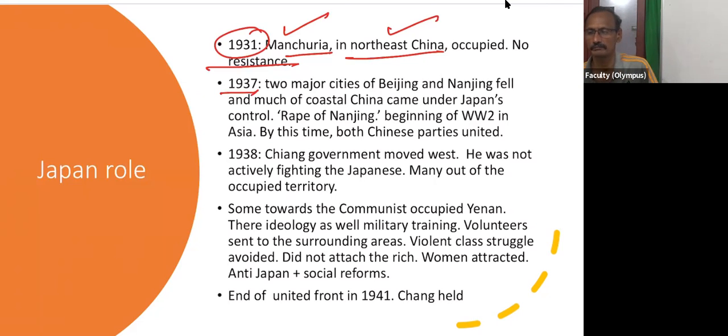But this time, the Chinese resisted. A lot of fighting followed, and the two cities of Beijing and Nanjing fell, and much of coastal China came under Japan's control. It is at this time the rape of Nanjing took place. And 1937 is regarded as the beginning of World War II in Asia.